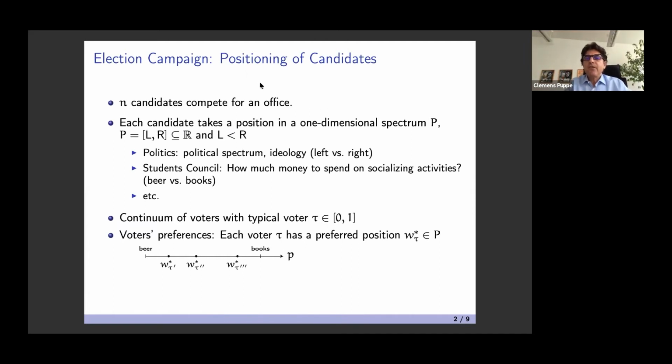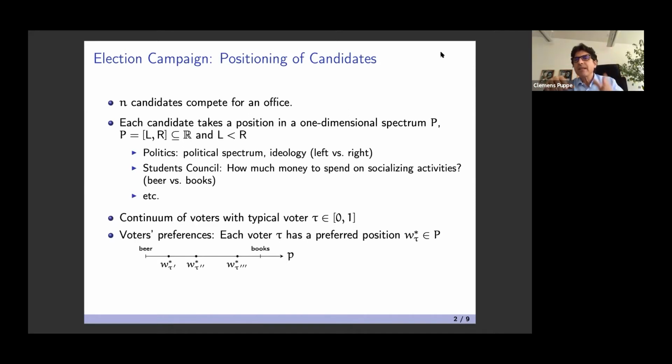So again, I will have this example of a one-dimensional political spectrum. I know, and Pavel already hinted at the fact, or I think it was even someone else yesterday, who hinted at the problem that there may be not only a one-dimensional political spectrum, but there are also other dimensions.